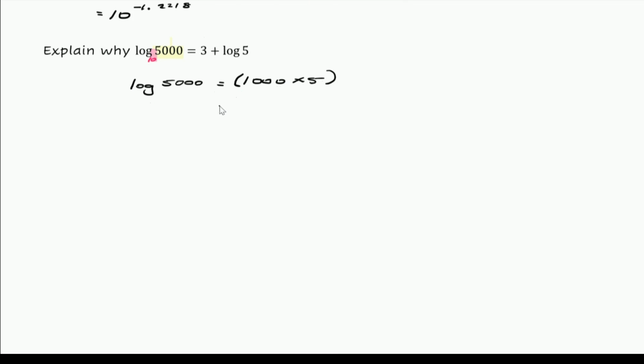So this is then going to be equal to 10 to the power of 3. And remembering, we need to use this rule again, that 10 to the power of log x is equal to x, and my x in this case is going to be this 5. So this is going to be 10 to the power of 3 times 10 to the power of log 5 up here, like so.